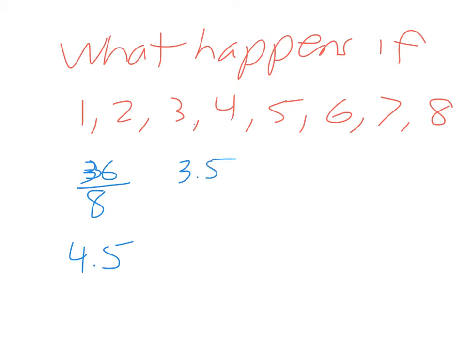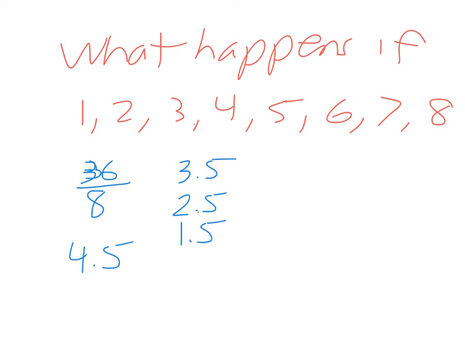4.5 minus 2 is 2.5, and the absolute value is 2.5. And then 4.5 minus 3, absolute value of that is 1.5.